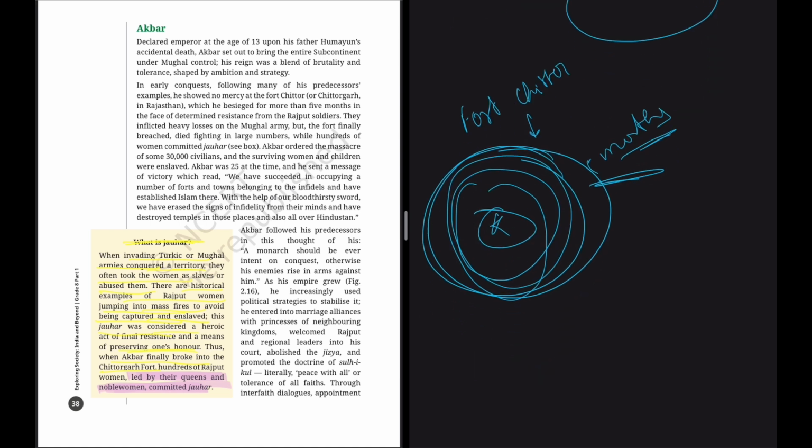So to avoid being enslaved or abused, and to preserve their honor, they used to commit Johar. We have all seen this in the film called Padmavat. One such example, you can just remember like that.